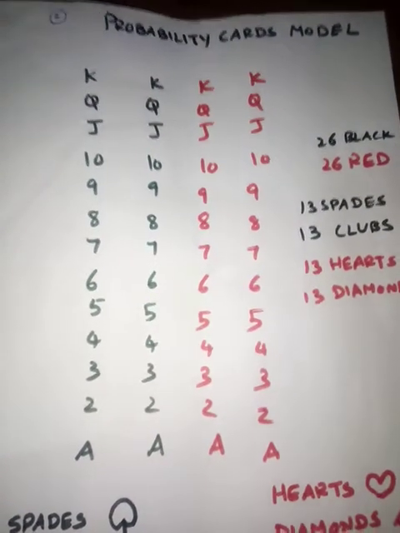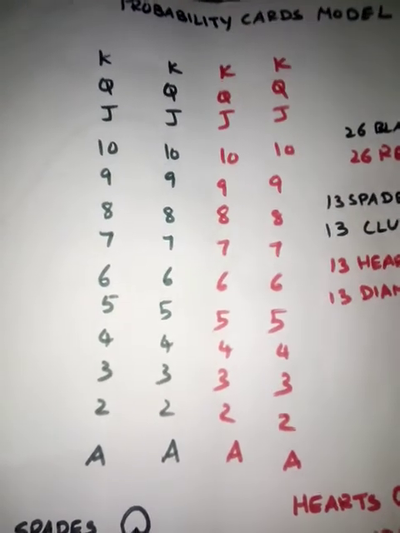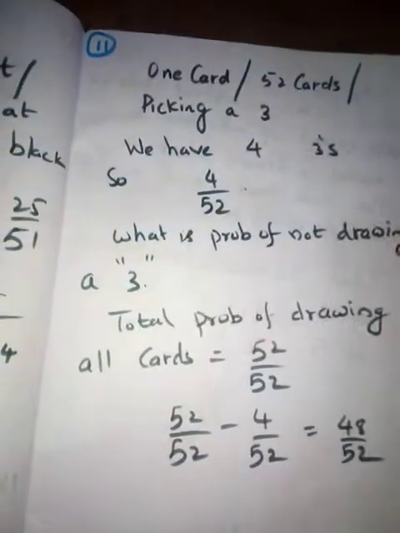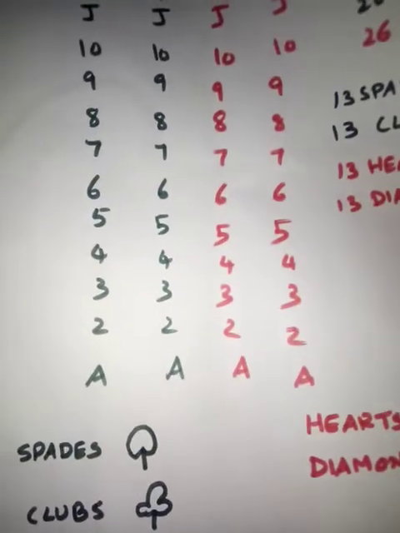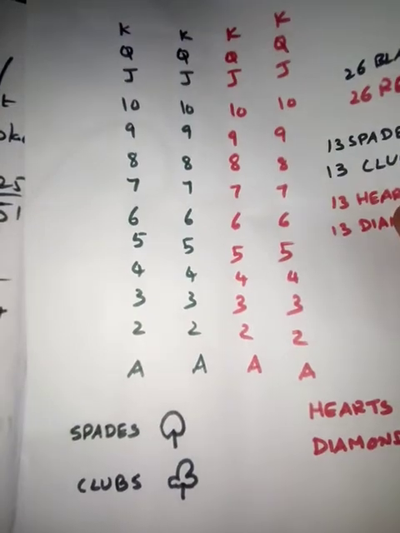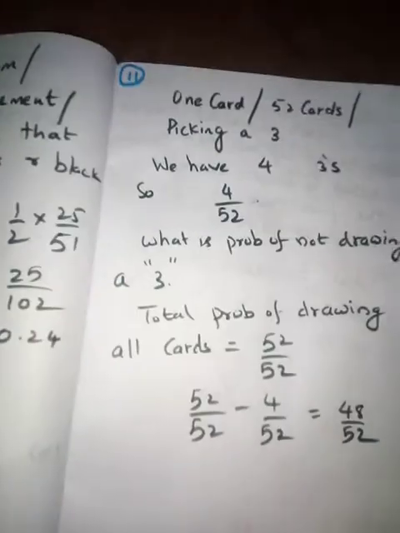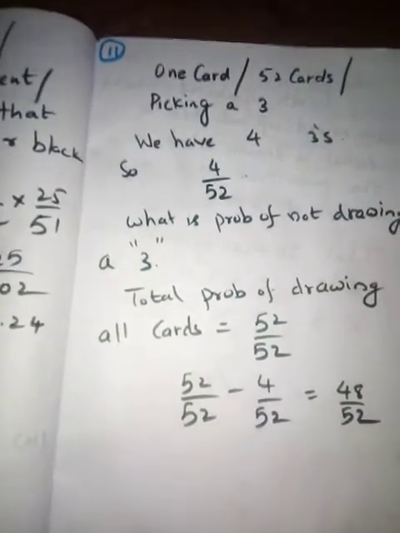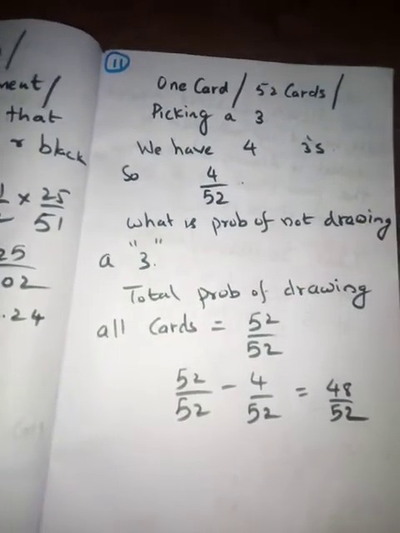Out of these four threes, I have to pick one. He did not mention the color, whether black or red. So any one of the 4 threes can be picked. 4 out of 52 is the chance.